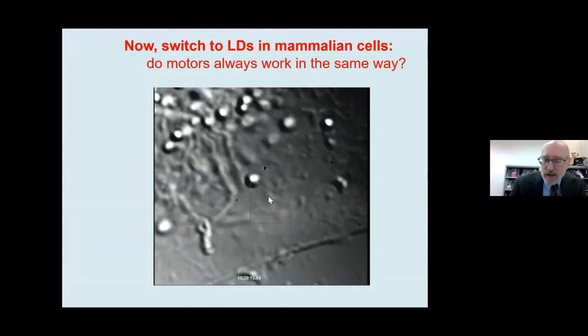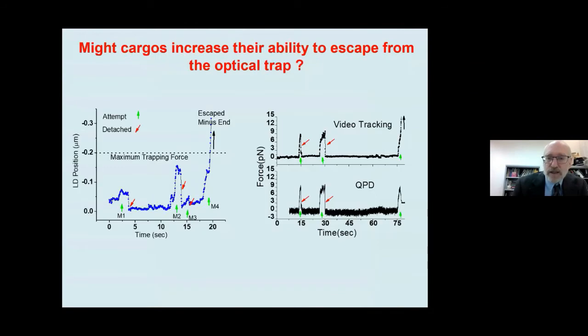So there were multiple attempts, and it eventually escaped. And when we first saw this, we didn't immediately realize what was going on. But it turns out that the probability of escaping from the optical trap may increase over time.